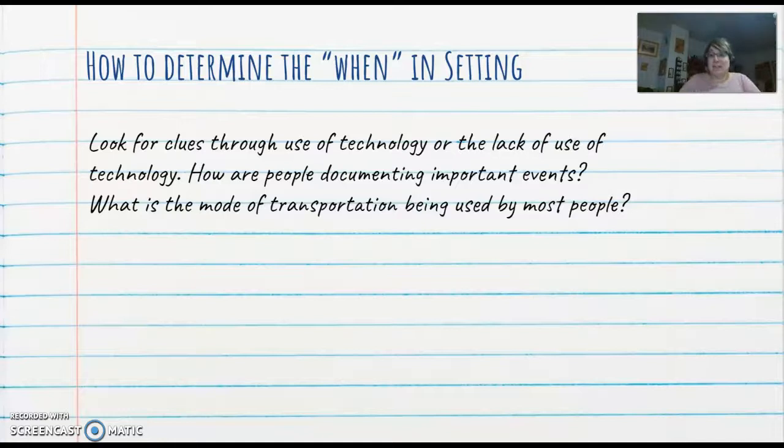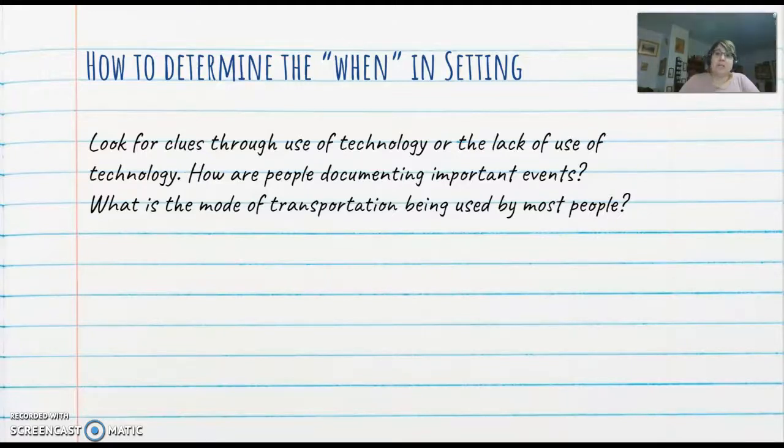Does it look like they're texting? How are they communicating with each other? Are they using phones? Does it look like they're writing letters? Are they writing emails? Are they using AOL, which you might not even know what it is anymore? Figuring out different types of technology is going to help you. Modes of communication. Also, another important thing is the major mode of transportation being used by most people.